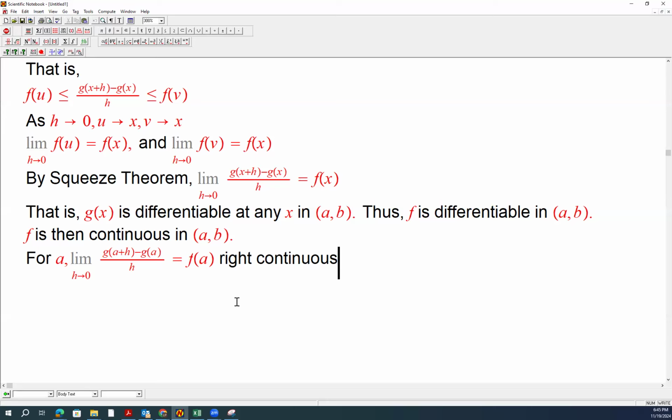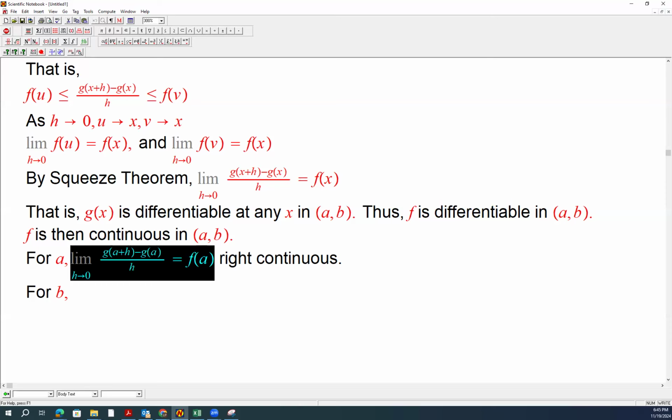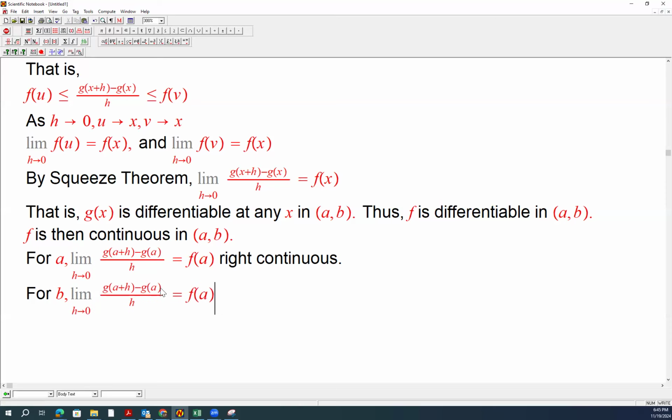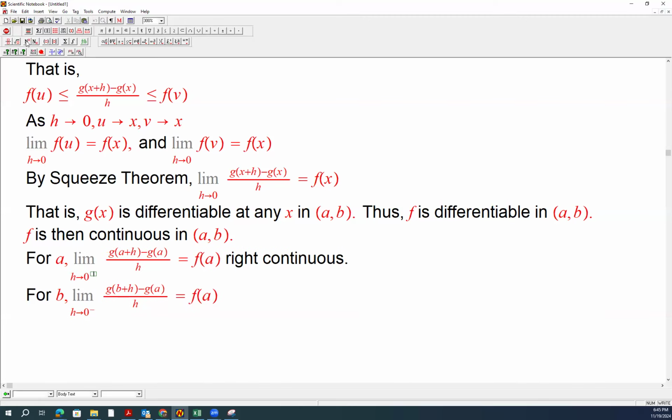And for B, right? For B, it's going to be left. For B, it's going to be B, but we're going to let H approach 0 from smaller than 0. This is from larger, okay? And so this is B, and H is negative, right?